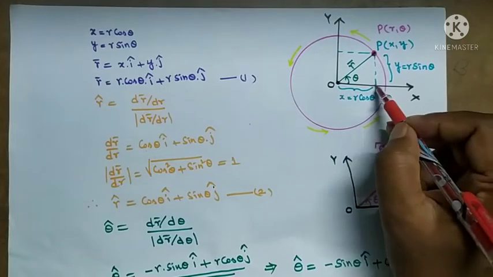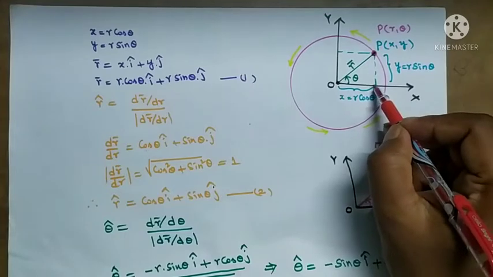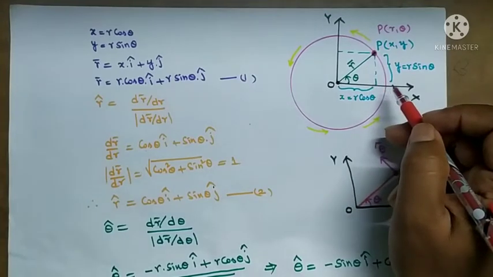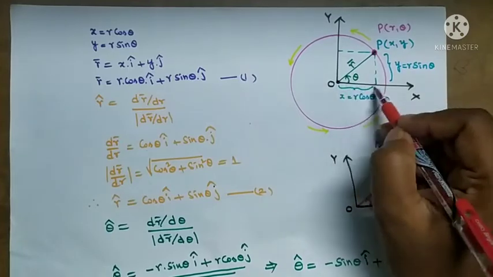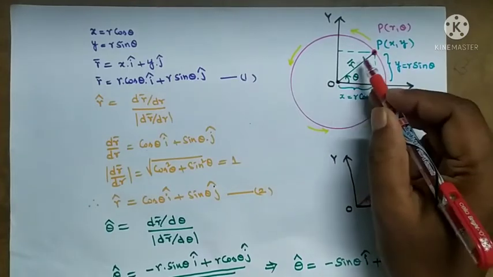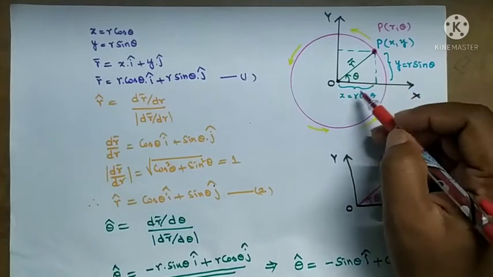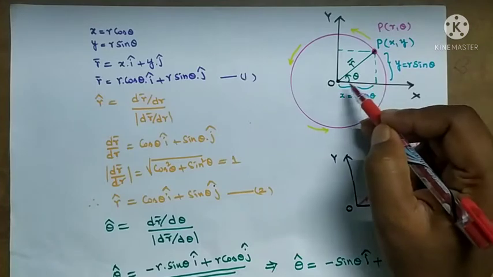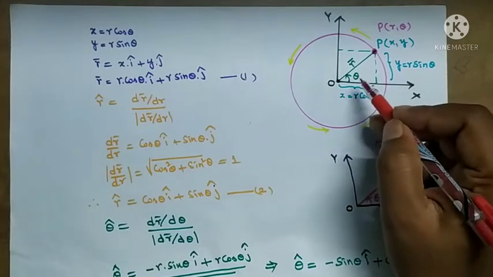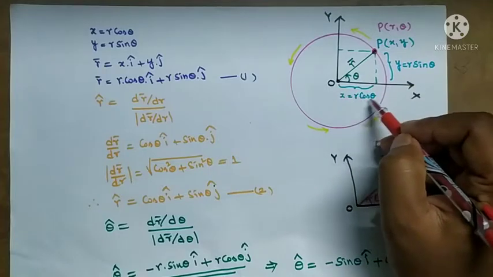Then I am using the cos theta formula to find the adjacent side of this triangle. Cos theta is equal to adjacent side by hypotenuse. The hypotenuse is the magnitude of this position vector, that is small r. If the adjacent side is small x, then cos theta is equal to x by r. Then x is equal to r cos theta.